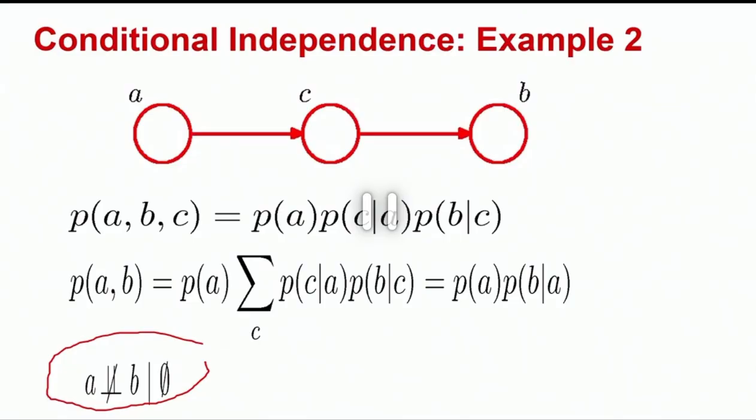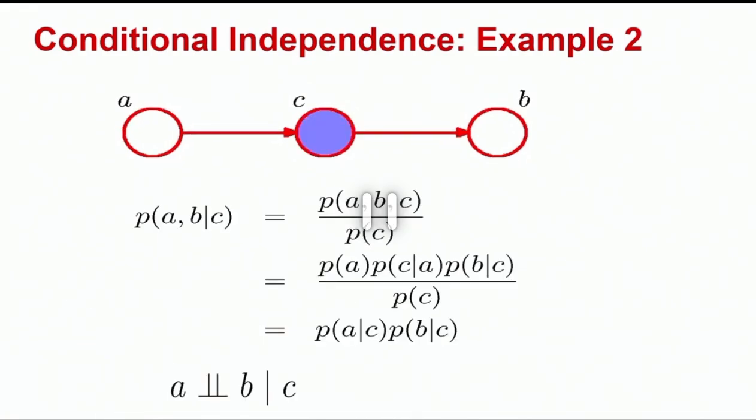You see? They depend initially. That's what it means. When I've not observed anything, they're going to be dependent, but after observing something, they will become independent. I'm moving now.